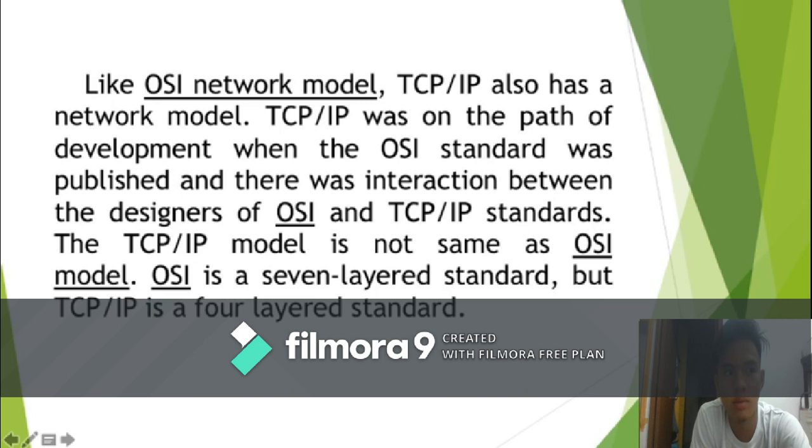And for the last layer, it is the network access layer. It is the first layer of the four-layer TCP/IP model. The network access layer defines details of how data are physically sent through the network, including how bits are electrically or optically signaled by hardware devices.